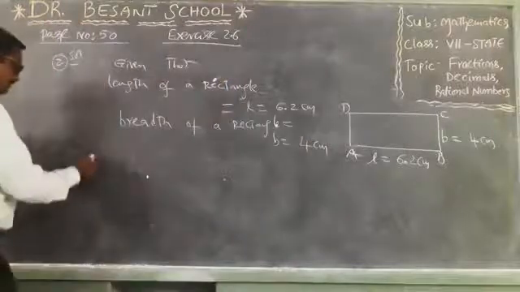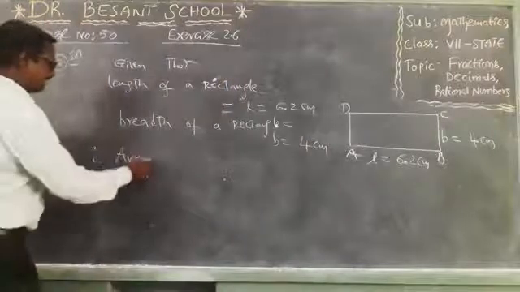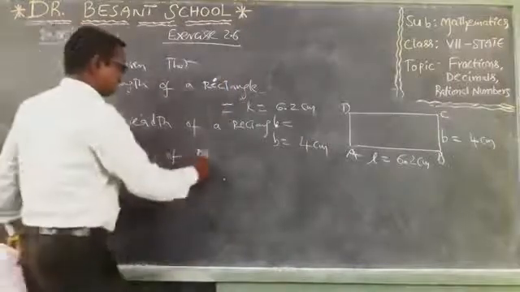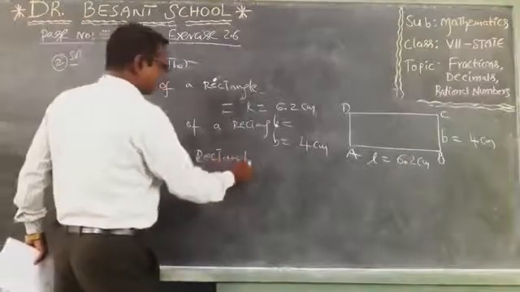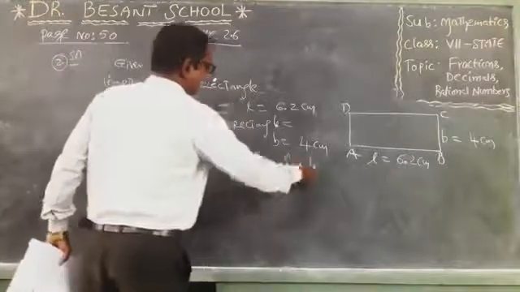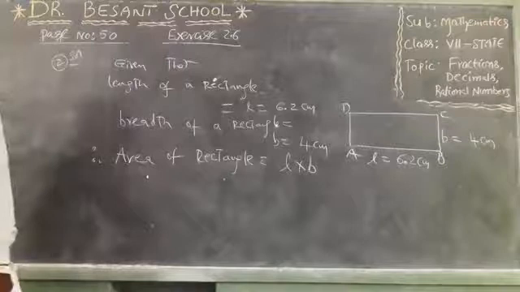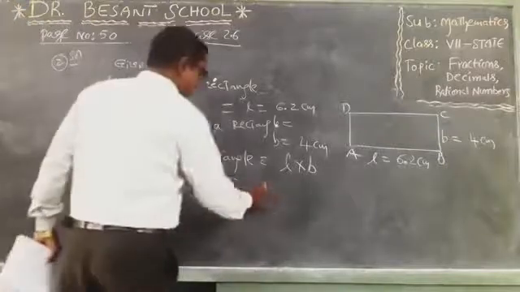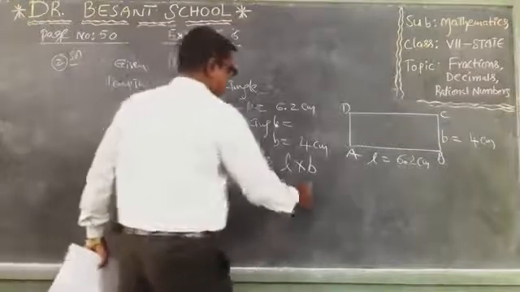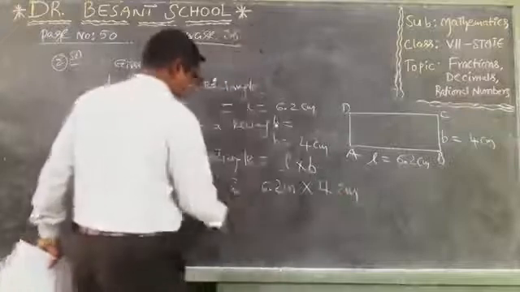We need to find the area of the rectangle. Children, what is the formula to find the area of a rectangle? Absolutely right, that is L into B. L means length 6.2 centimeters, B means breadth 4 centimeters.